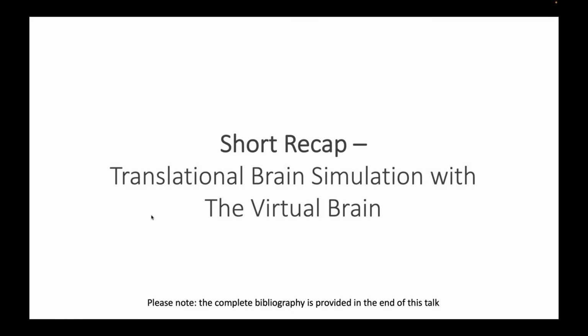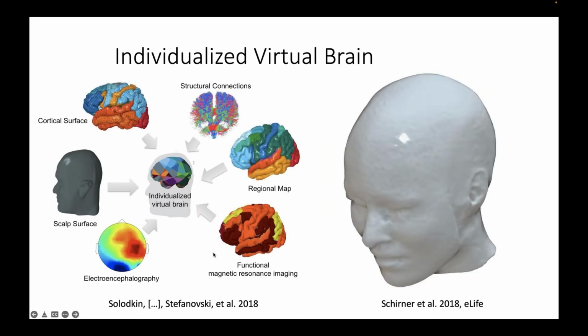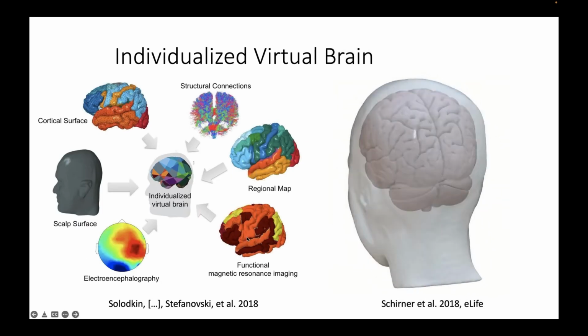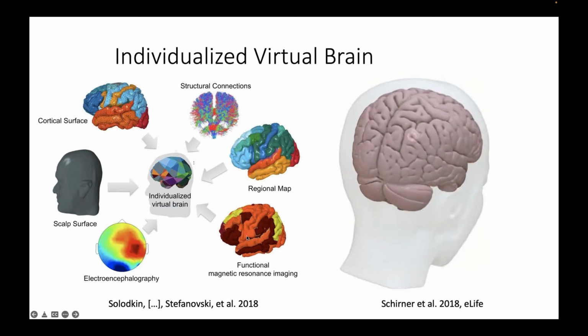In the beginning, I start with a short recap, which is probably redundant to the talks that Petra and Micha gave the weeks before. But I just want to shortly remind you how we build virtual brain models.